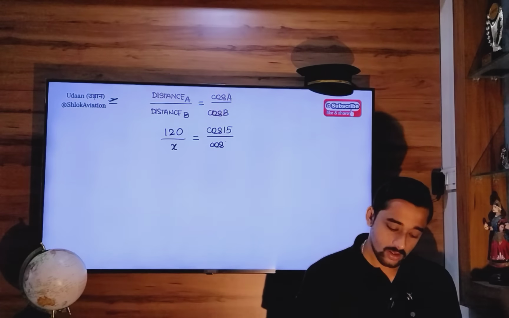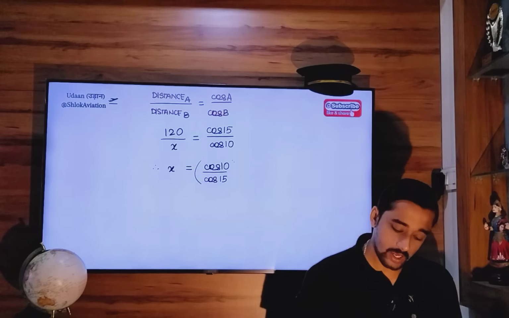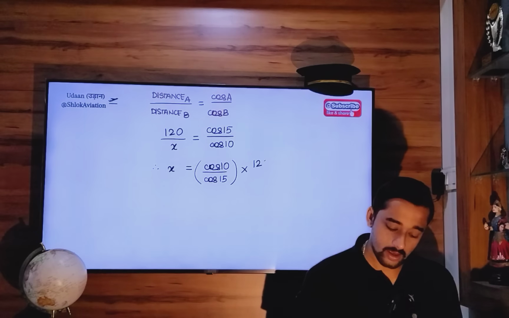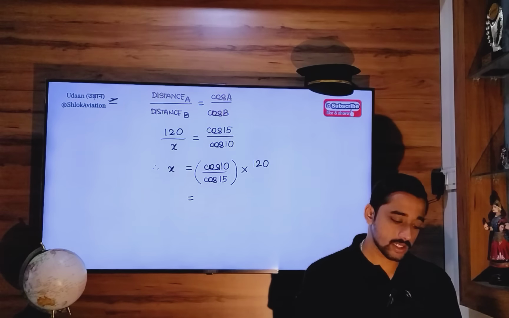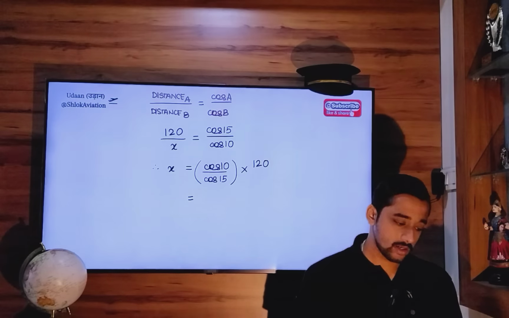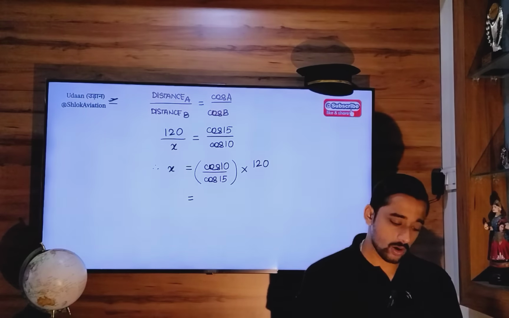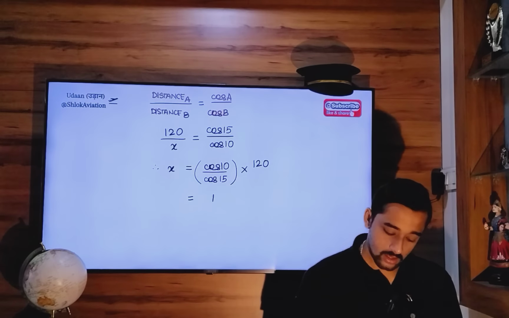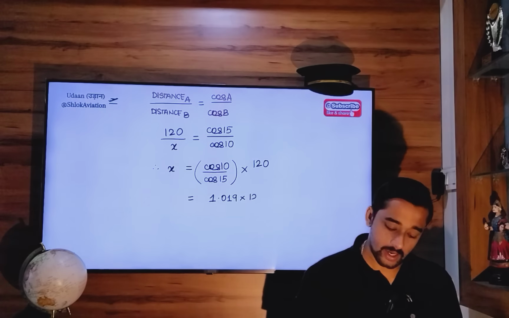Okay, so therefore x will be equal to cos 10 divided by cos 15, cross multiplied, into 120. Now cos 10 divided by cos 15 is 1.019 something, into 120.